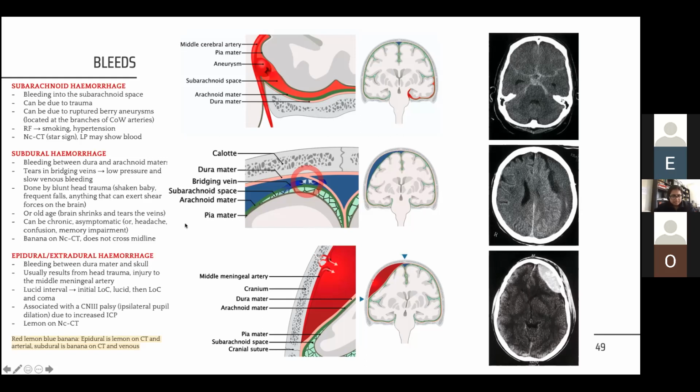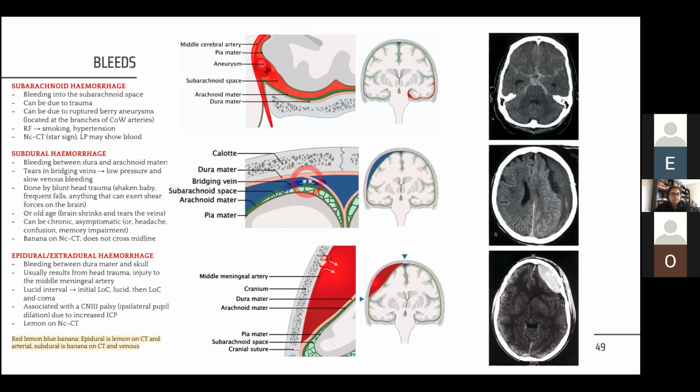A subdural hemorrhage is the bleeding between the dura, so under the dura but above the arachnoid mater, and this is always venous because there are bridging veins between those 2 meningeal layers. And because this is venous, the bleeding is much slower, it's low pressure, and it can actually be more chronic.